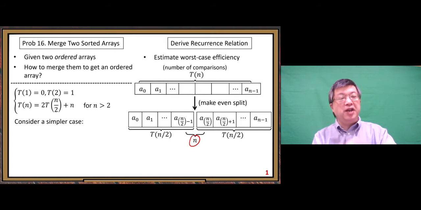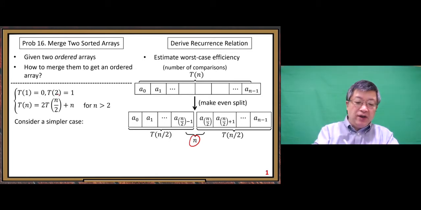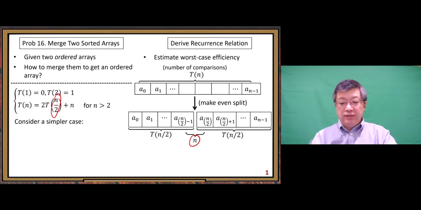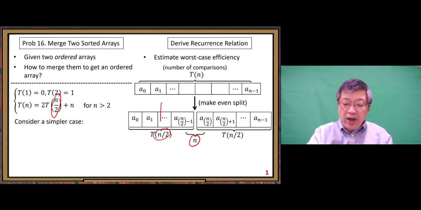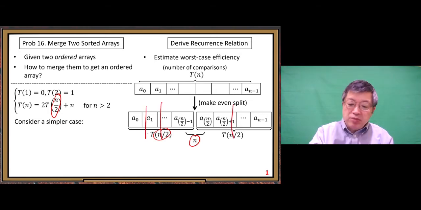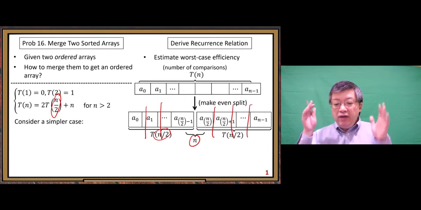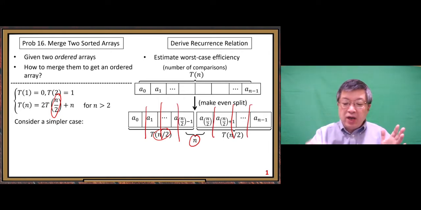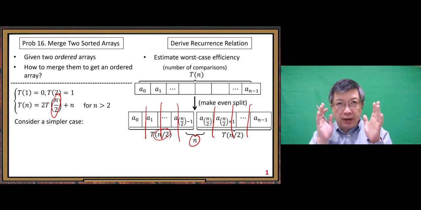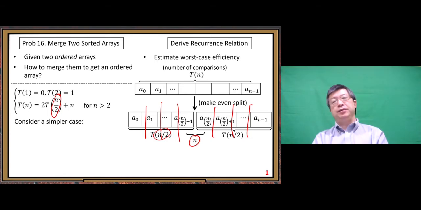All right, so the first way, consider a simpler case of this. What's the simpler case? Look at here, n over 2. Remember, we need to split the current array many times. Split, split, split. Every time when we do split, we divide the current array by 2, the size by 2.